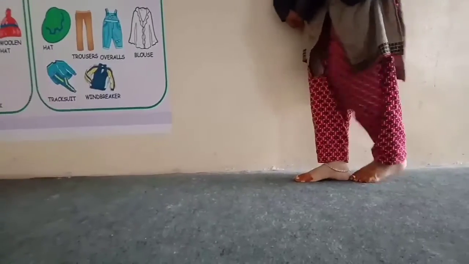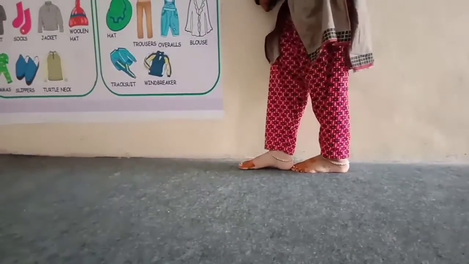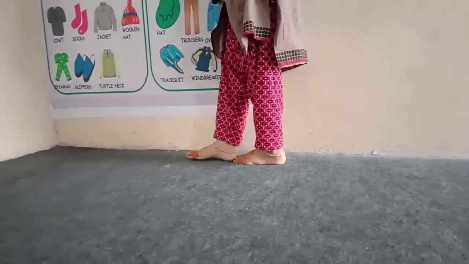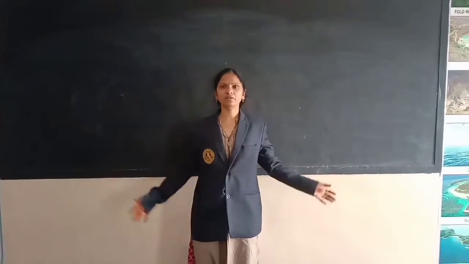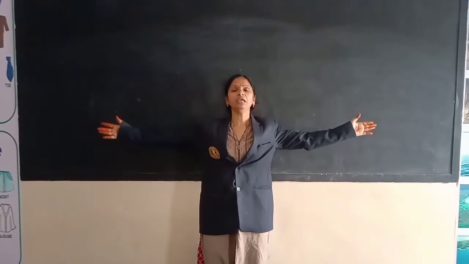So let's count here. 1, 2, 3, 4, 5, 6, 7, 8, 9, 10, 11, 12, 13, 14, 15, 16, 17, 18, 19, 20, 21, 22, and this is the last one, 23, children. So the length of this wall is 23 feet.